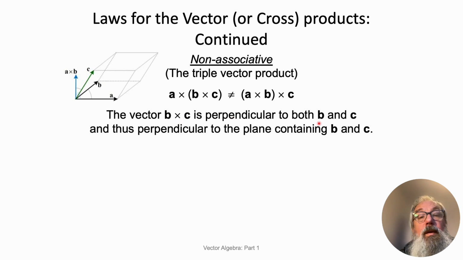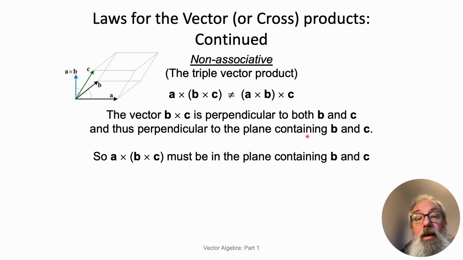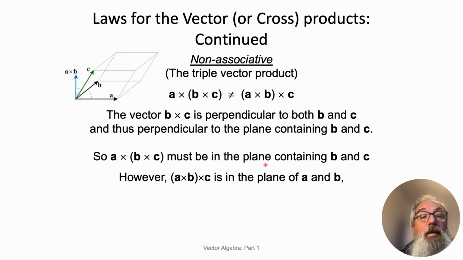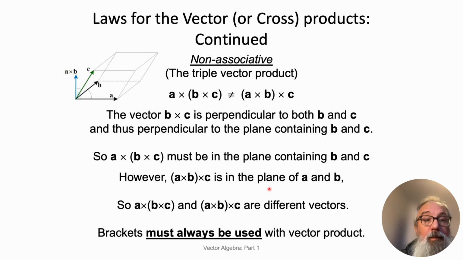Vector B cross C is perpendicular to both B and C, and thus A cross (B cross C) must be in the plane containing B and C. However, (A cross B) cross C is in the plane AB. So these are different vectors, so we must always use the brackets for the vector product.